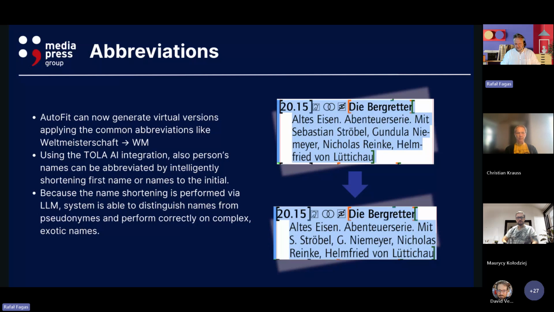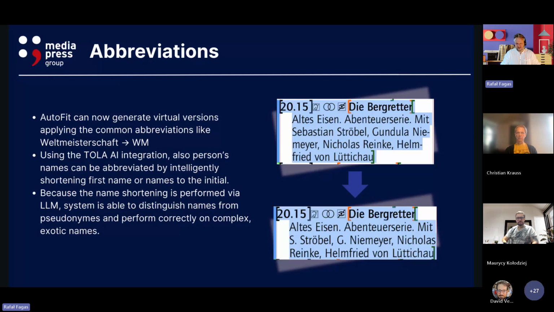The other thing that AutoFit can do now is intelligently shorten the names of people, for example, by changing their first, second and other names to initials. I am talking about this smart operation here because this is one of the operations provided by the Tola AI services.